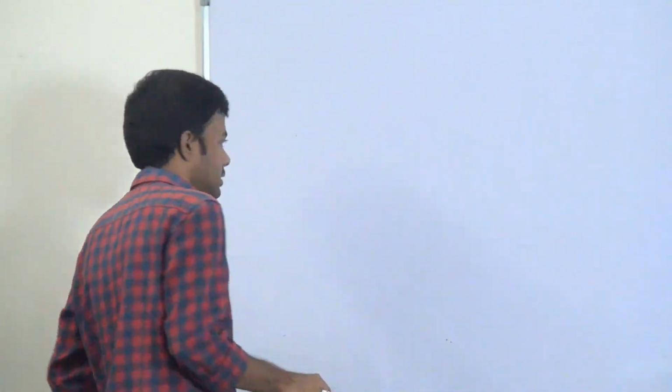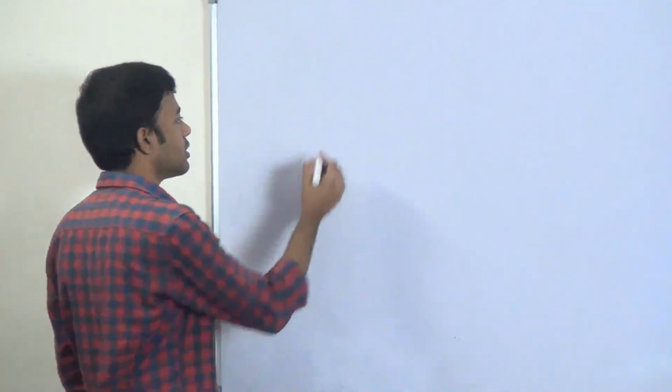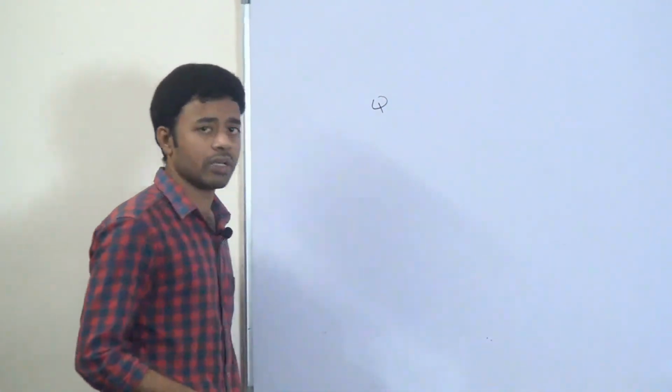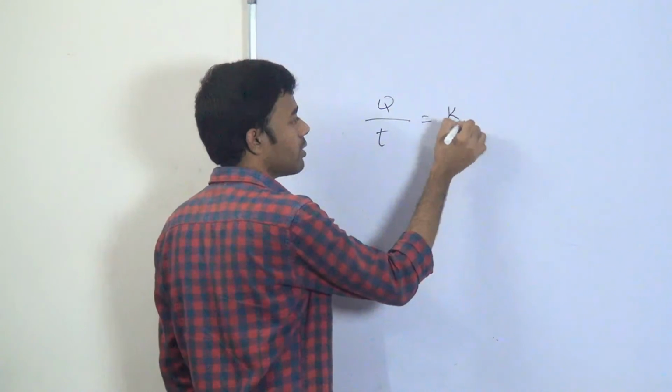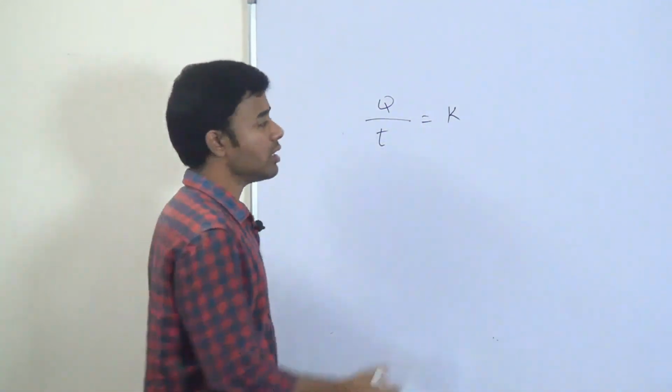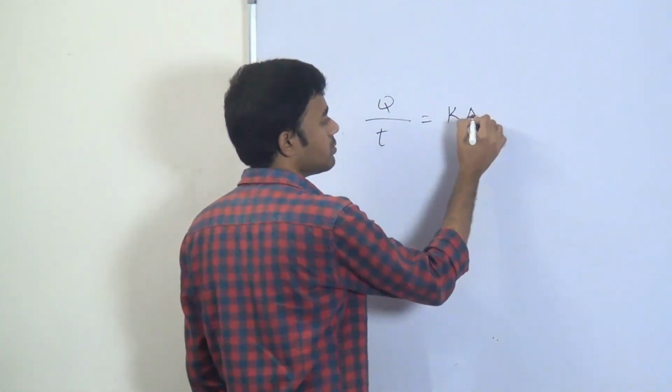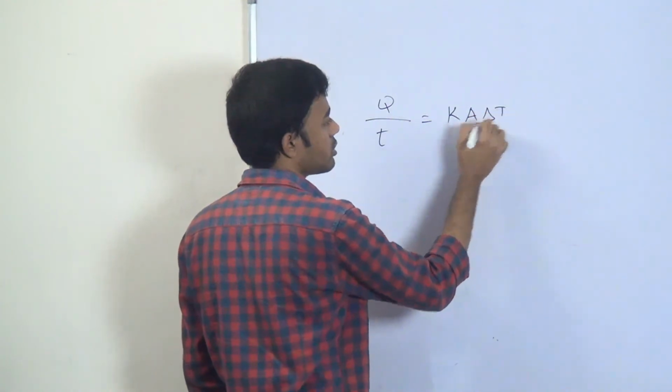We know that the amount of heat energy flow per time is equal to K, which is thermal conductivity, into area into change in temperature by thickness.